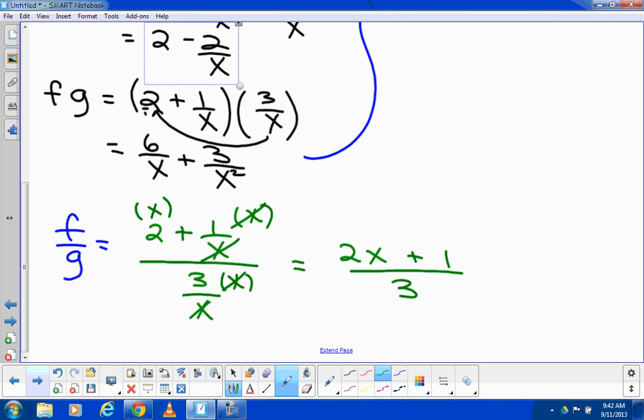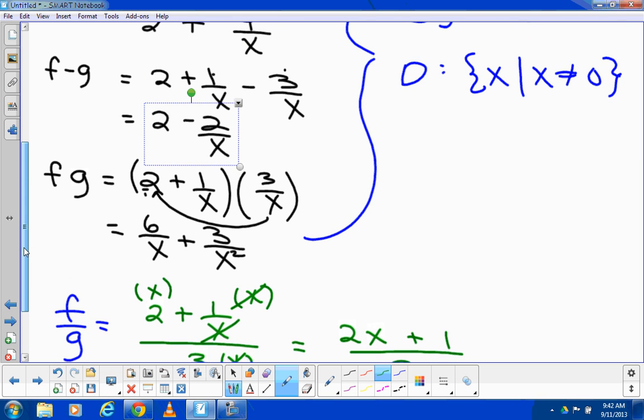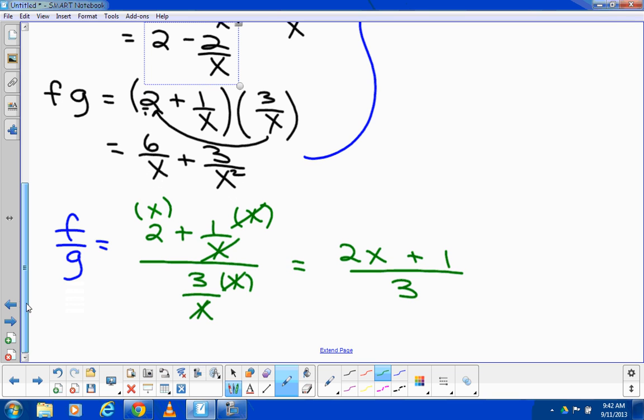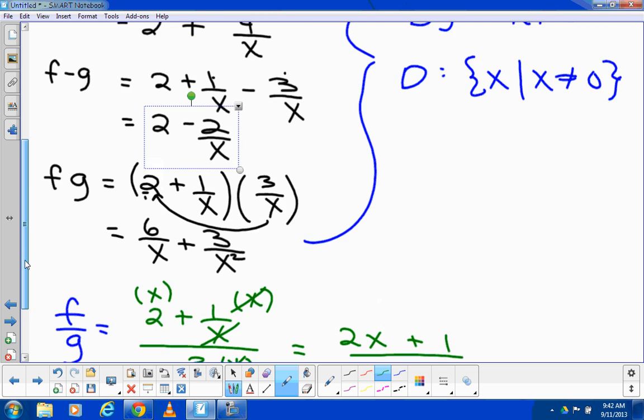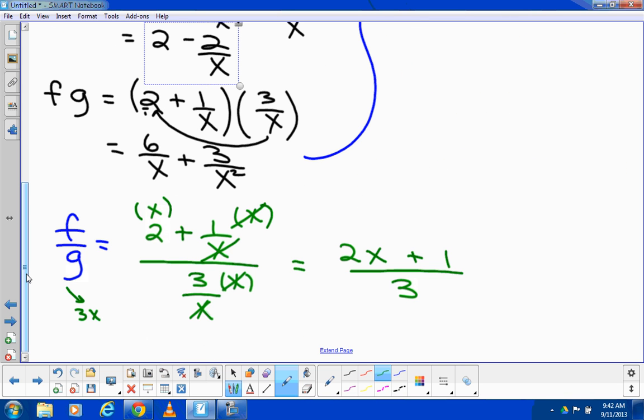Now the domain is going to be just like the other three. We're going to say X cannot equal 0, plus something else. What was the G function? 3X. So it's the same thing. It's the domain of one intersect the other, and G cannot be 0. Here's the funny thing about this one.